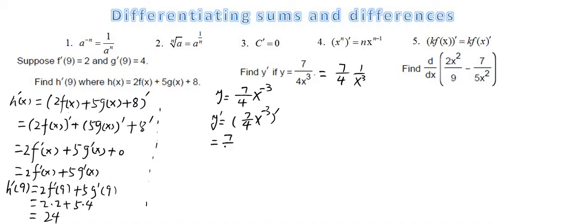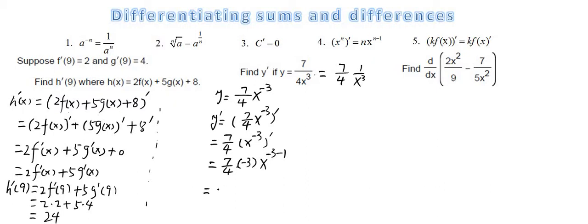So we have 7 over 4 and do the derivative for the function x to the power negative 3. Using the power rule here, n is negative 3, so x to the power negative 3 minus 1.